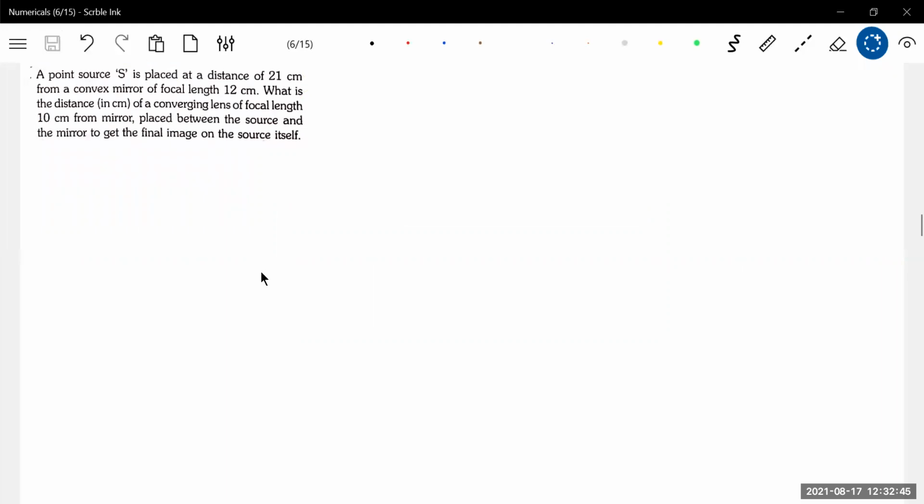A point source S is placed at a distance of 21 centimeter from a convex mirror. We'll take the convex mirror. One minute at least I should permit. Draw the diagram. There's no diagram, you see.